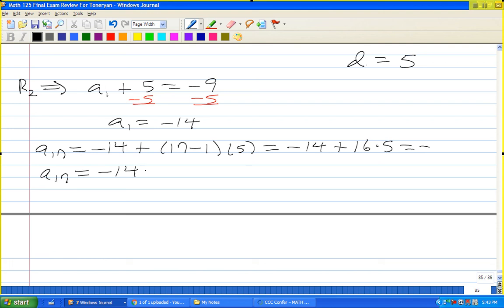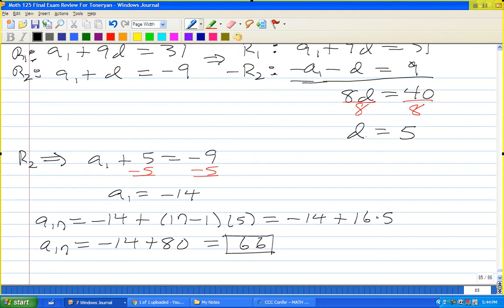So negative 14 plus 80. And so the 17th term of the sequence is 66.